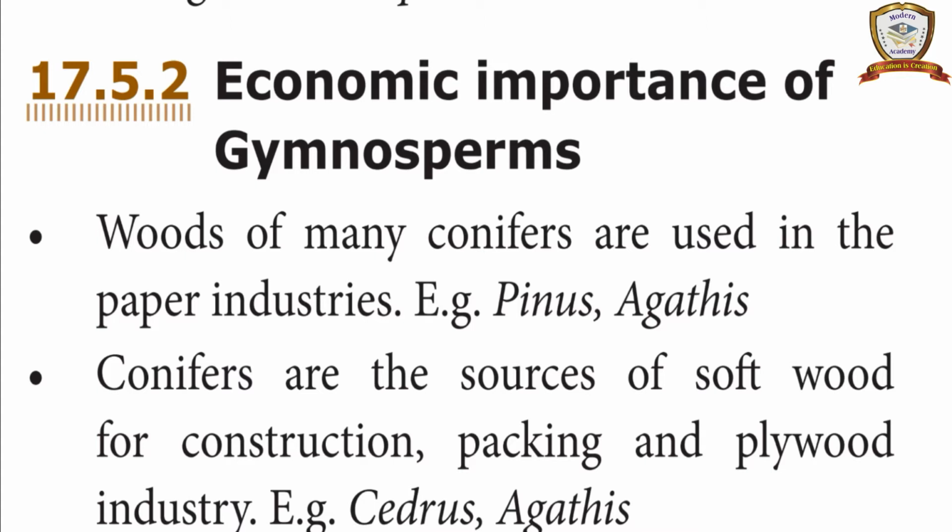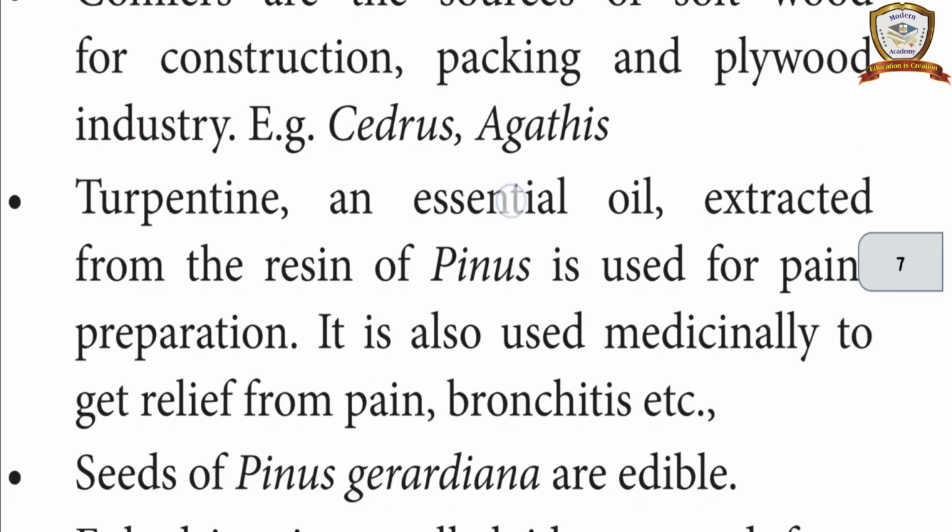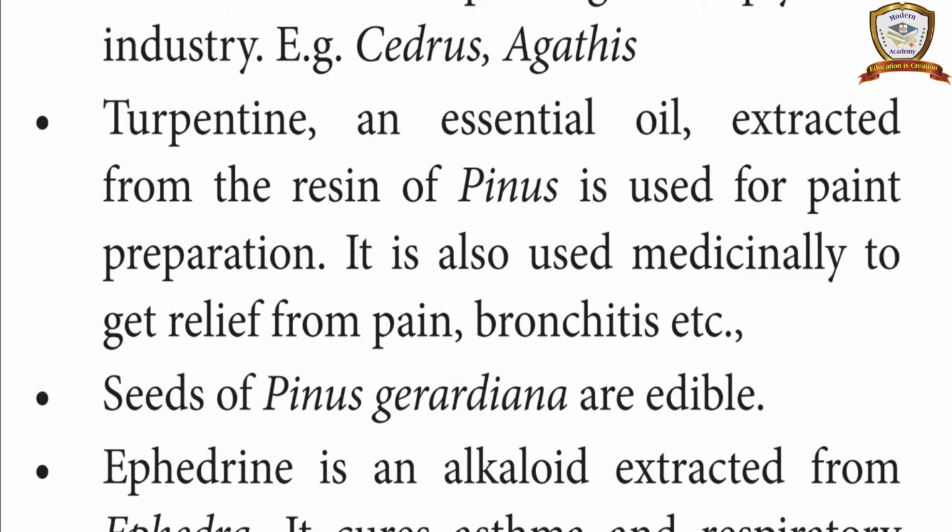Economic importance of gymnosperms. Woods of many conifers are used in the paper industries. Example, Pinus and Agathis. Conifers are the source of soft wood for constructions, packing and plywood industries. Example, Cedrus, Agathis. Turpentine, an essential oil extracted from the resin of Pinus, is used for paint preparation.